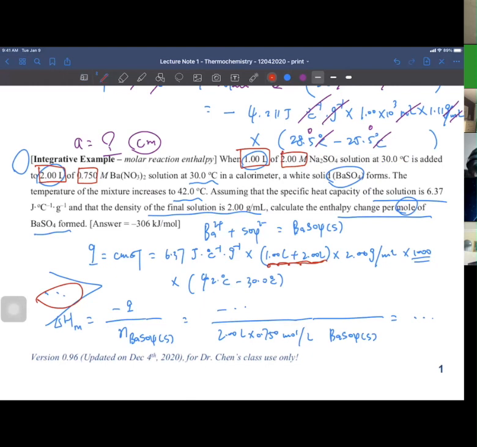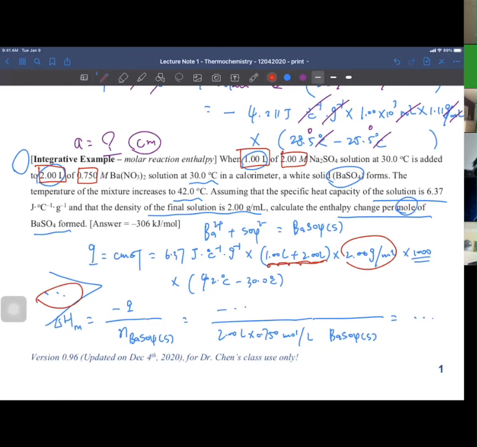So it really doesn't matter whether the density of the solution includes the precipitate or not, because we are going to ignore that part. So then, what if we were doing a stoichiometry question, how would the final answer change if you actually assume that the volume would change? I don't think it will change too much. If there is no specific sentence talking about how the volume will change, you can assume the final volume is just the sum of the 2 parts.